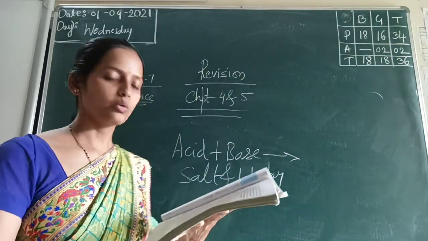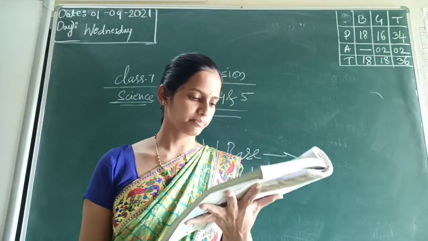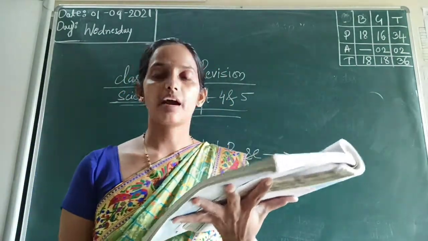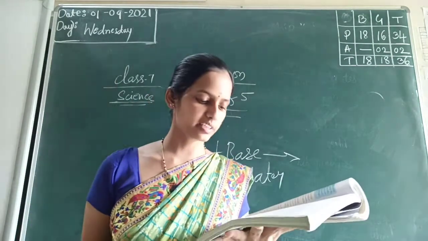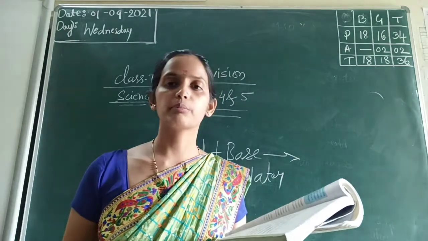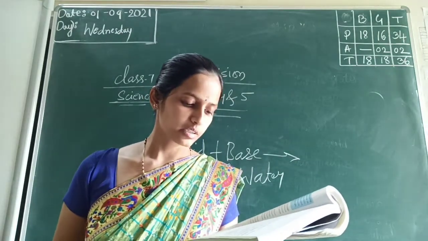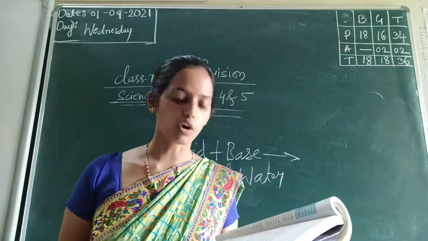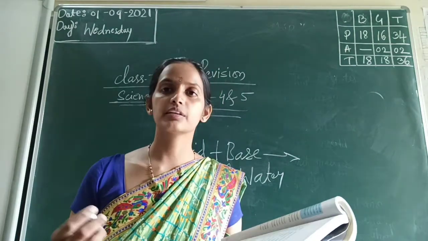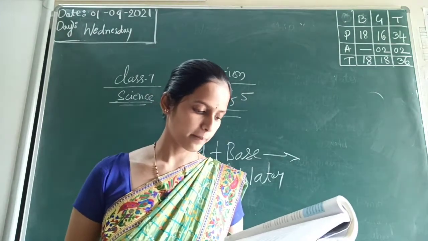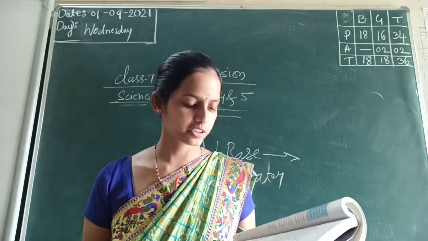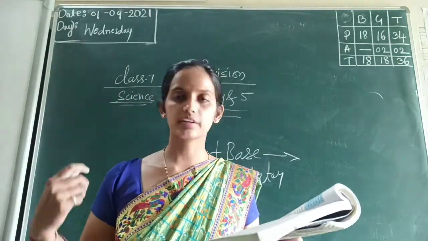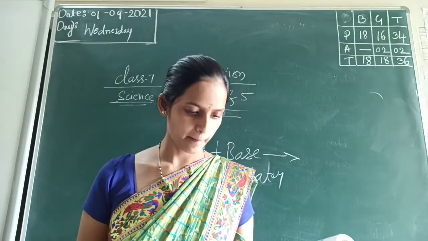The example given is hydrochloric acid, which is the acid taken, and sodium hydroxide as the base. Sodium chloride is the salt, and lastly the water. The salt we generally use is NaCl, and water is H2O.